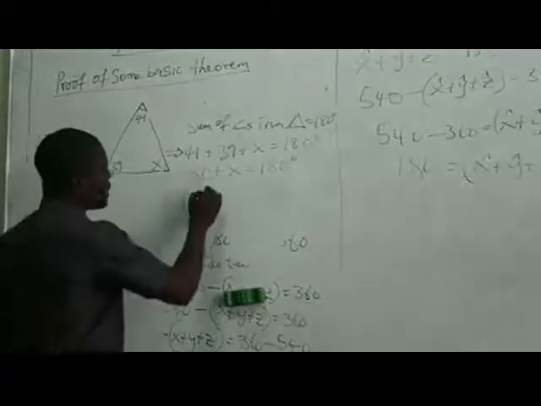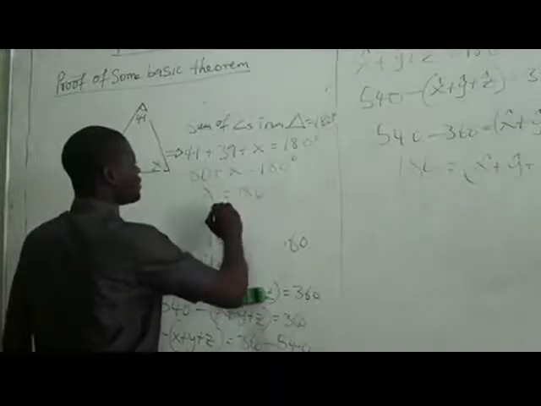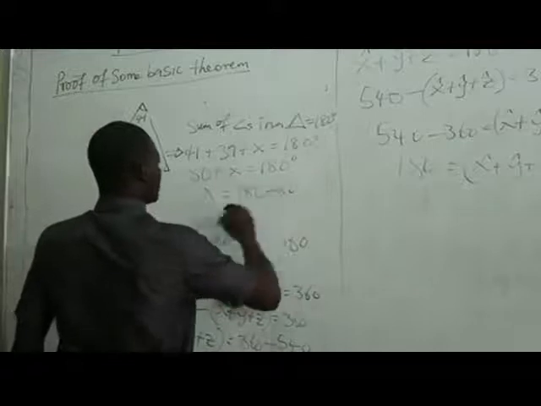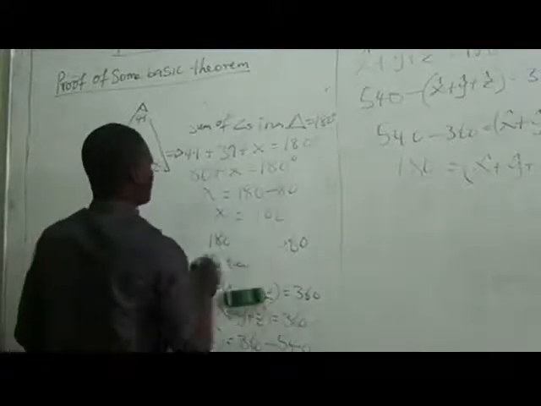What are you going to do? Make x subject of the formula, and this 80 is going to cross. We have 180 minus 80, therefore x is equal to 100.